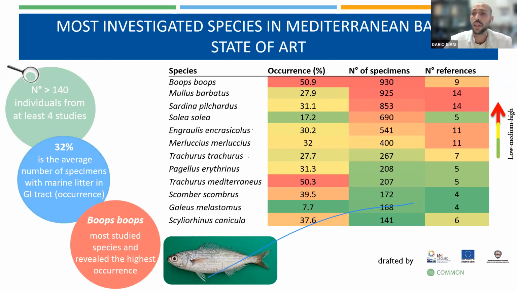In particular, we selected the species with more than 114 individuals analyzed from at least 4 different studies. The average occurrence of microplastic is 32%, and Boops boops is the most studied species and revealed the highest occurrence: more than 50% of the individuals have ingested microplastic.